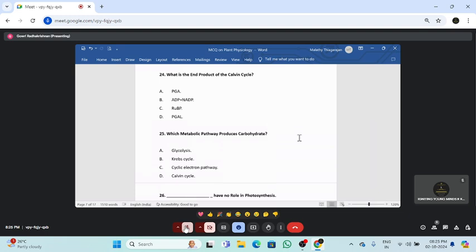Rubisco is the primary acceptor in the C3 cycle, ma'am. Ribulose biphosphate is, yeah, let me check. One second, let me check. Okay, ma'am.